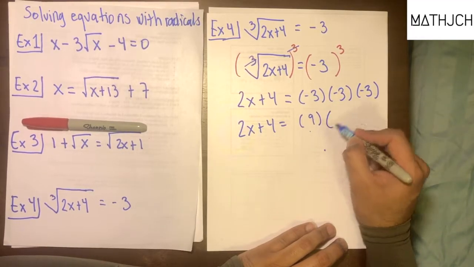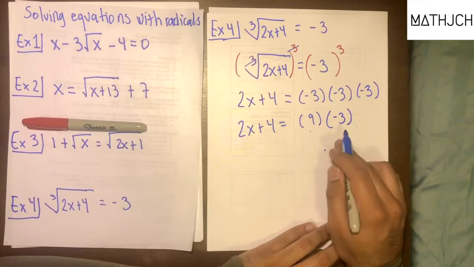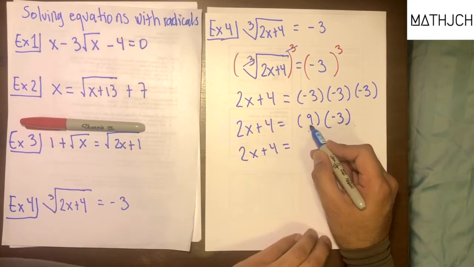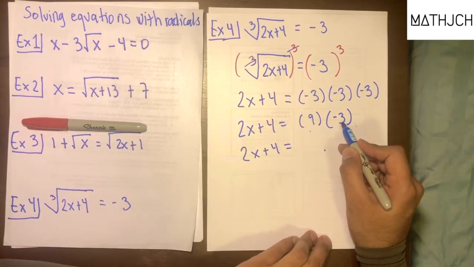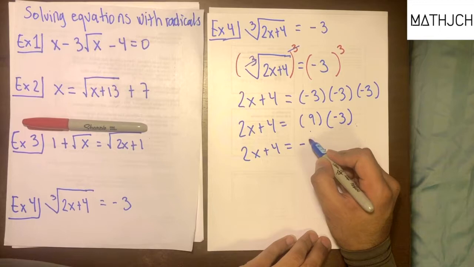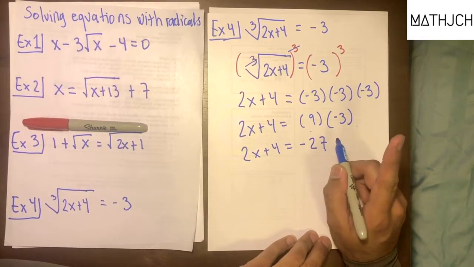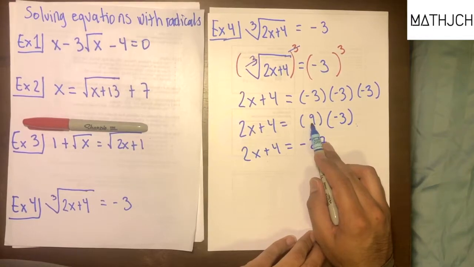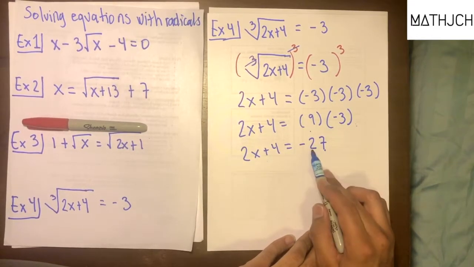And that result we're going to multiply by the extra negative 3 that we have. So we are left with 9 multiplied by negative 3. Remember, positive times negative gives us a negative 27. Like in here, negative times negative gives us positive 9. And then positive times negative, negative 27.